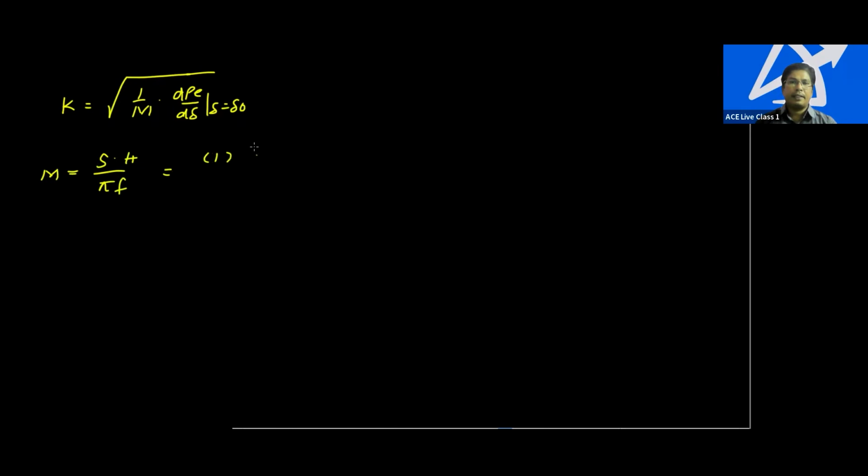S is 1, H is 5, divided by pi into 50. You can calculate this. 5 divided by 50 pi, so it is 1 by 10 pi. Otherwise we'll keep it like this, because options are in terms of pi only. It will be 5 by 50 pi. That is the M value.